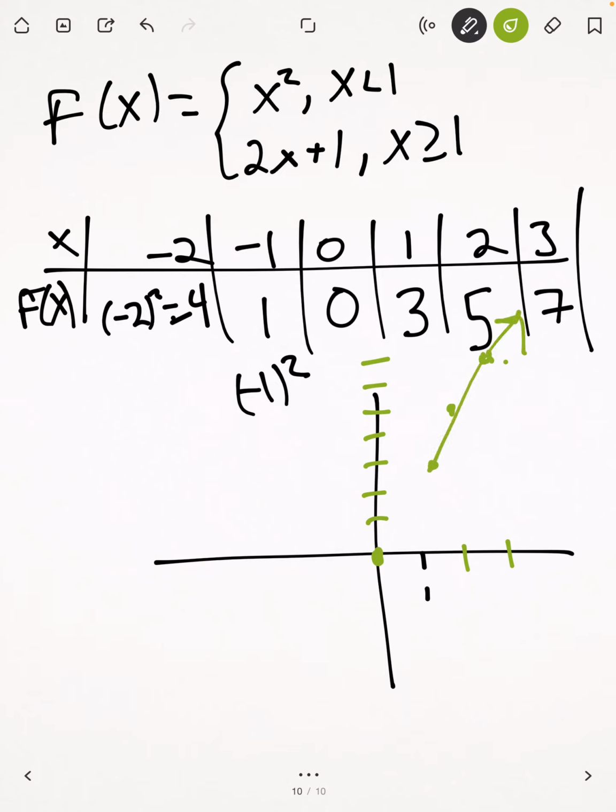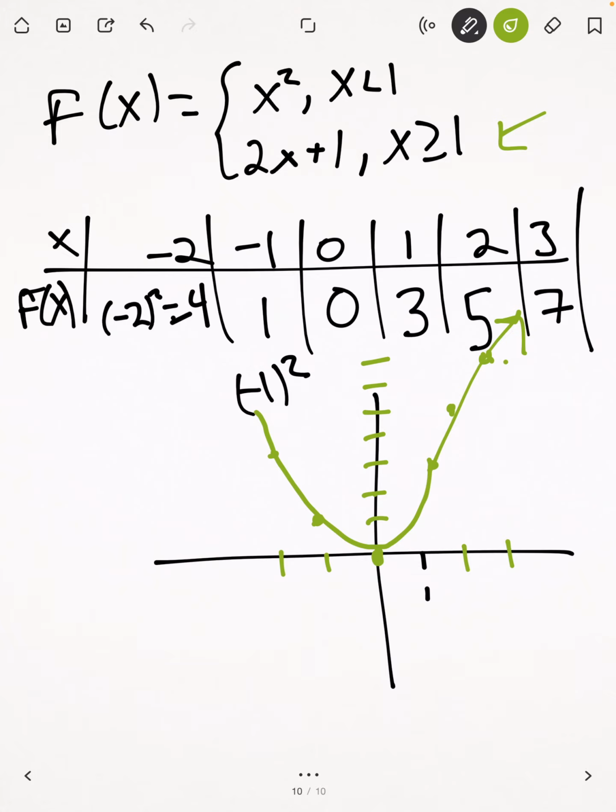So that part is linear, because that's a linear equation. Now x squared, whenever we're less than 1, we have 0. Negative 1 is at 1. Negative 2, we're at 4. And if you remember, our x squared equation looks like this. And so maybe you didn't remember that.